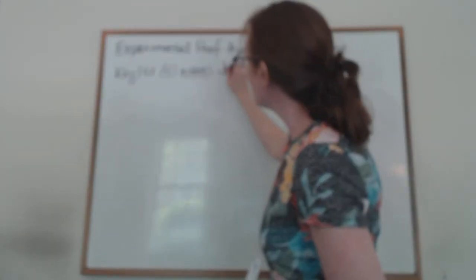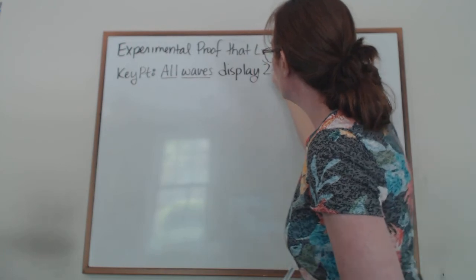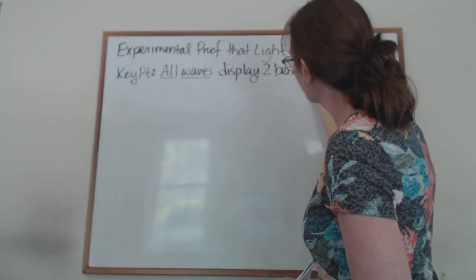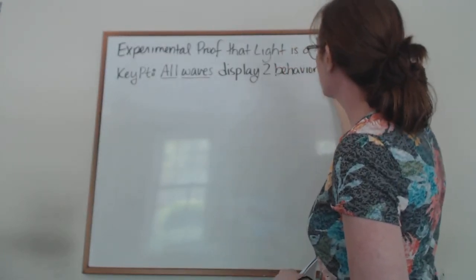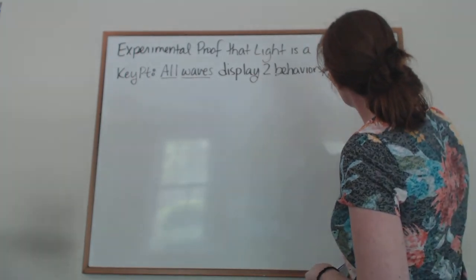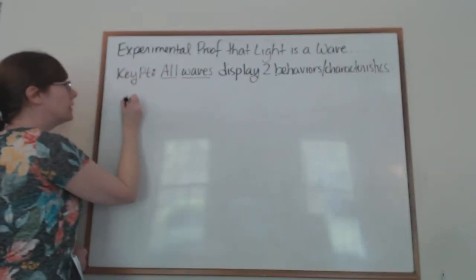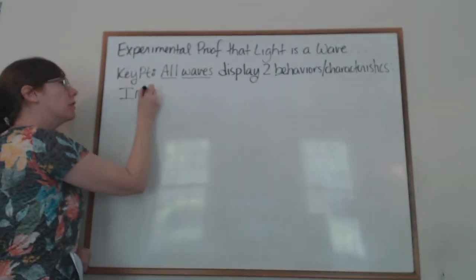All waves display two really important behaviors, or characteristics, I guess you could say. All right, what are they? The first is called interference.